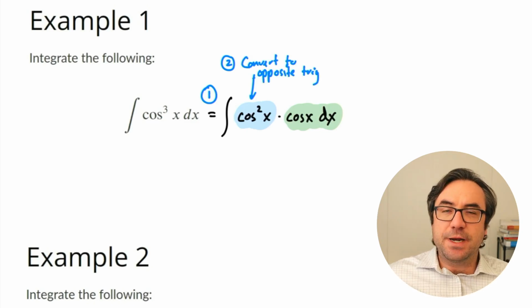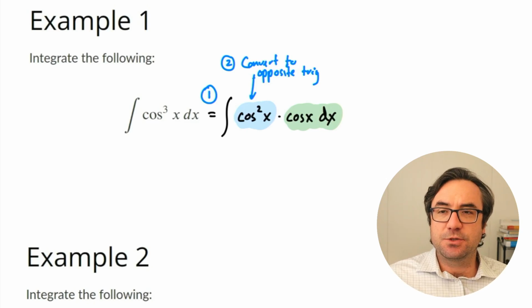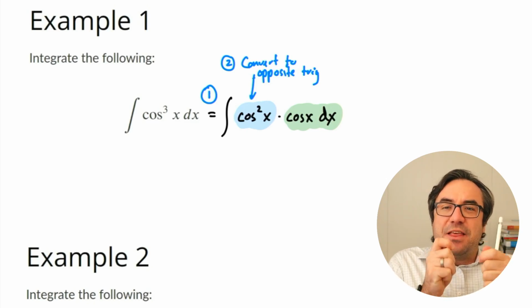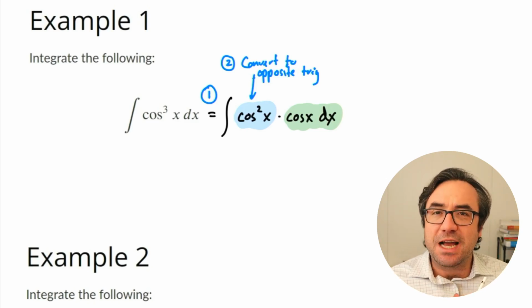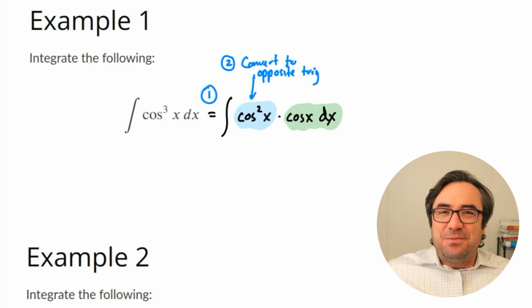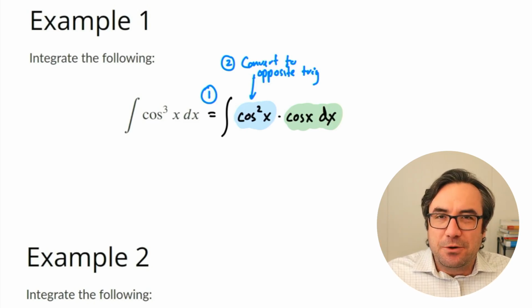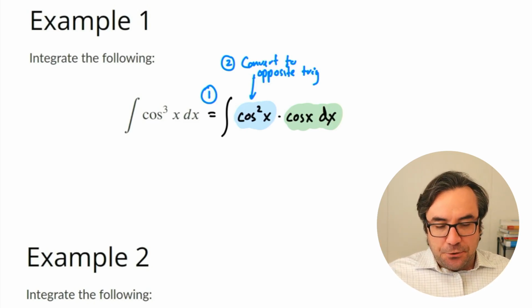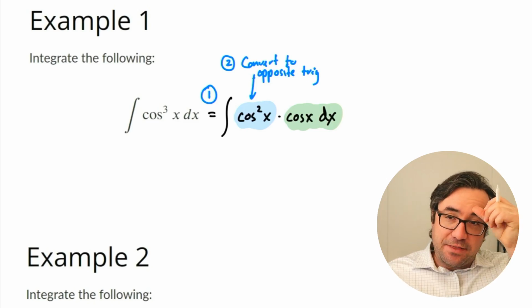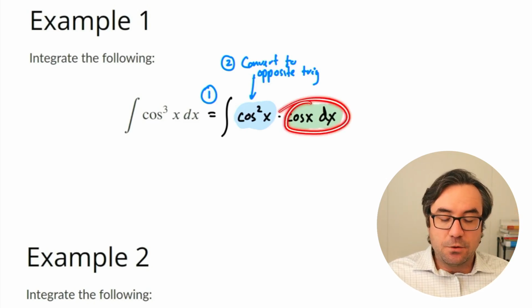So based on that trig identity, sine squared plus cosine squared, we're going to want to think of sine and cosine as opposite functions, almost like they're counterparts to each other. So when we actually get it factored like this, we're going to save the cosine x dx.